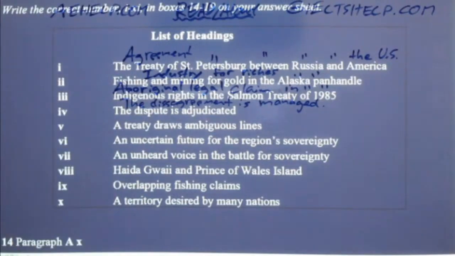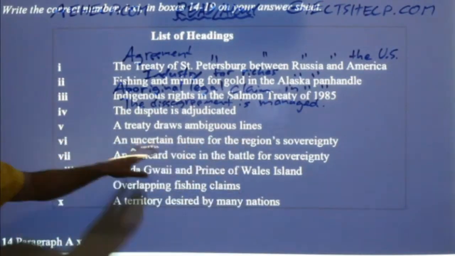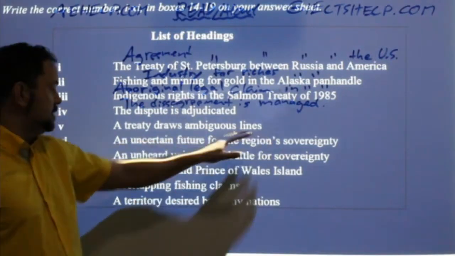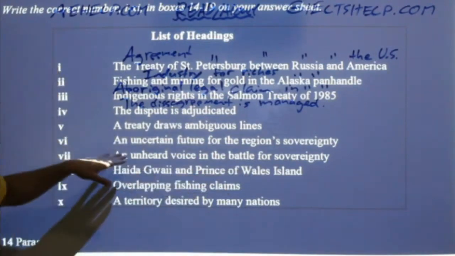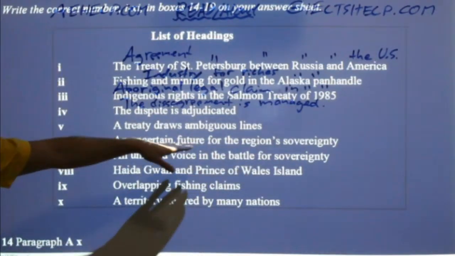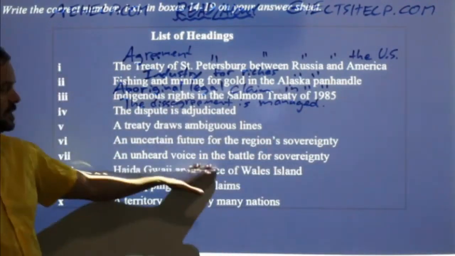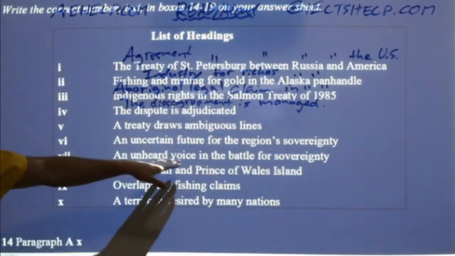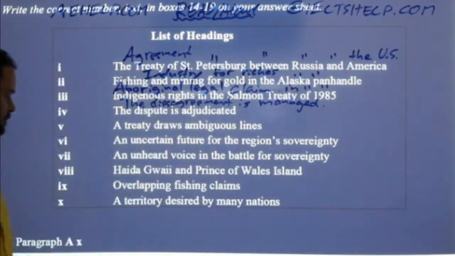Then in the exam, you just do this in your mind. So a treaty draws ambiguous lines: the agreement creates unclear borders. An uncertain future for the region's sovereignty: an unclear future for the area's independence. An unheard voice in the battle for sovereignty: an ignored identity in the dispute for independence.